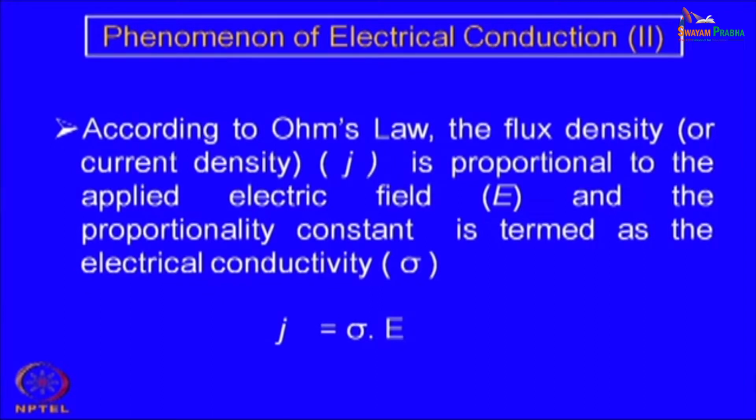So, we can simply write a very simple equation, J equal to sigma into E. So, sigma is the electrical conductivity, and as you know, the inverse of this, 1 by sigma, is rho, the electrical resistivity. We will be using these two terms very often, either conductivity or its inverse, the resistivity.